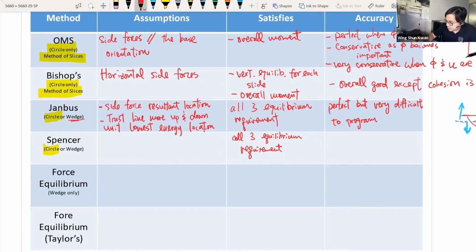And you assume all the side forces are parallel with each other.